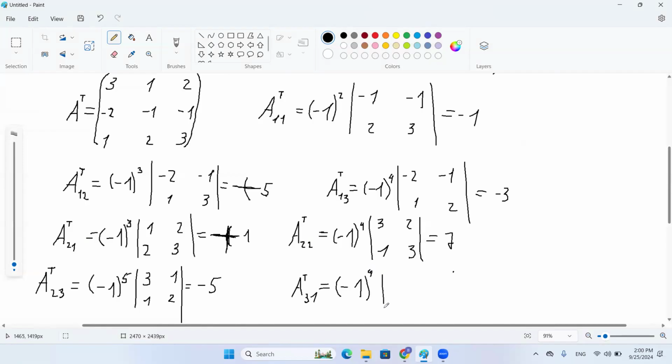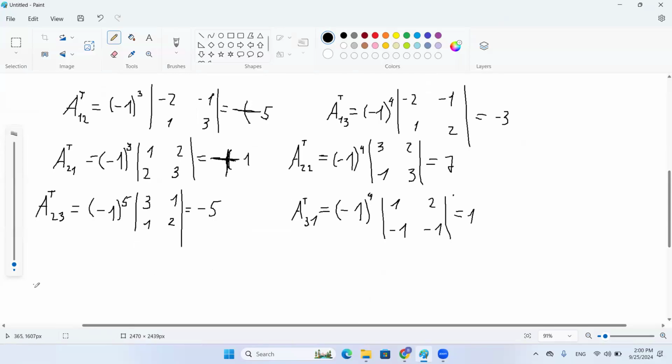And in the determinant, it will be first column 1, minus 1, and second column 2, minus 1. So -1 plus 2 is 1.